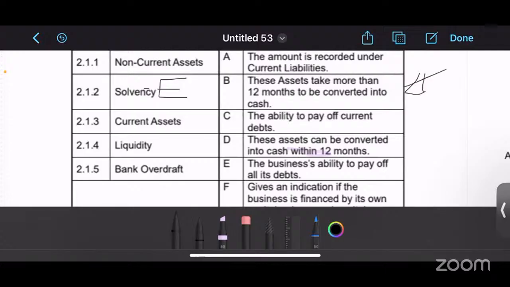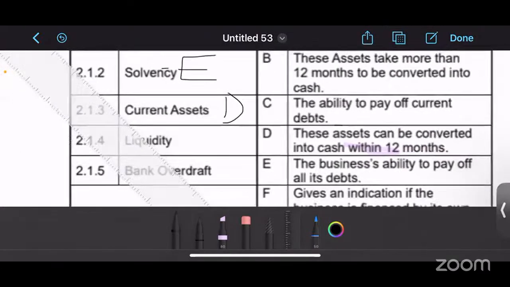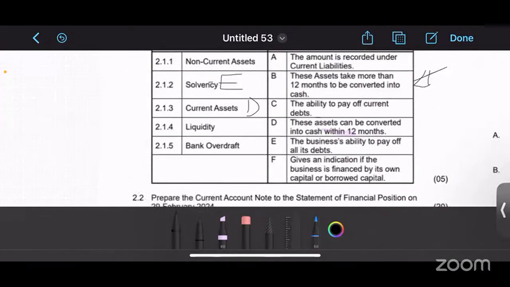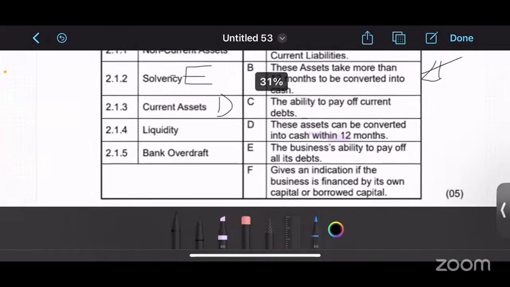Current assets, it's D. Okay. Then liquidity. What do we have?